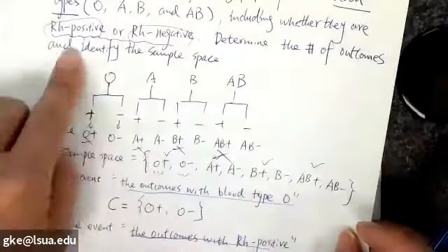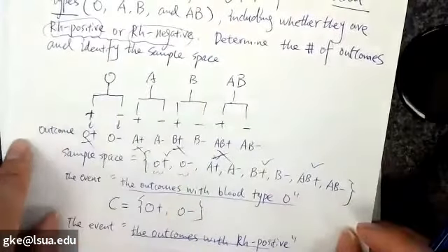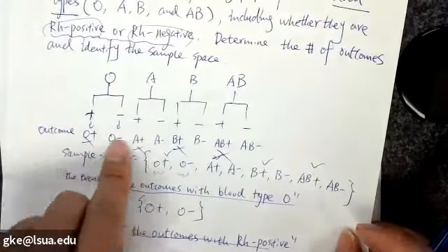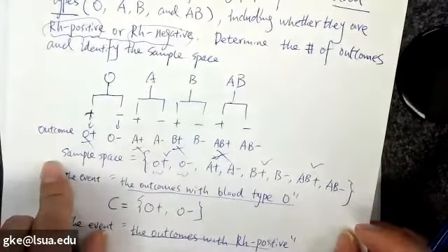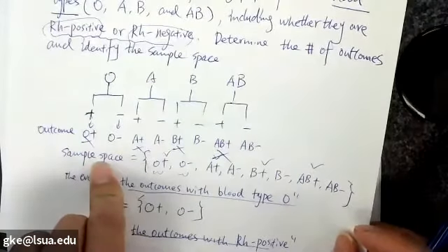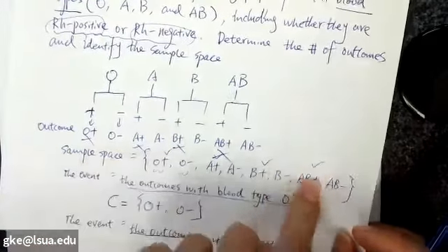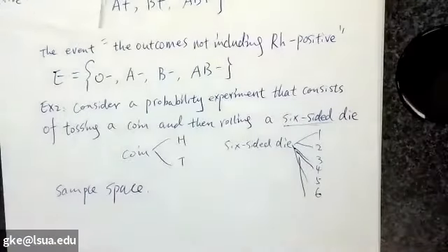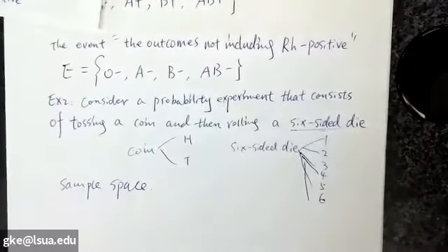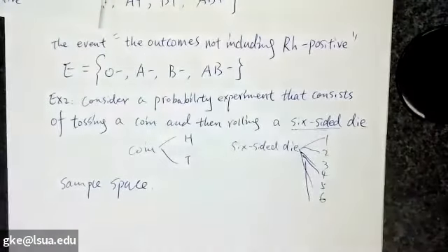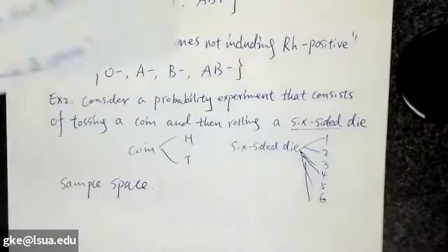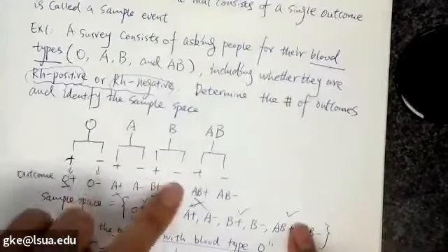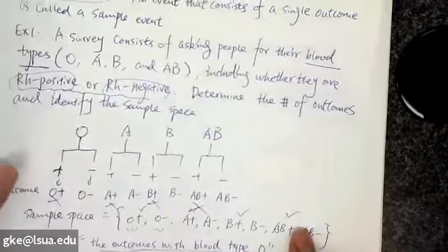Draw the diagram, find the outcomes, and then we can find the whole sample space. Try it by yourself. Follow the first example. Draw this diagram.